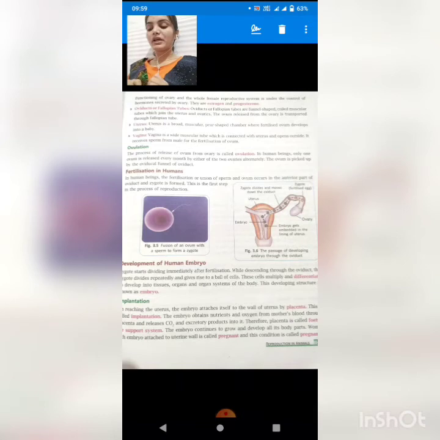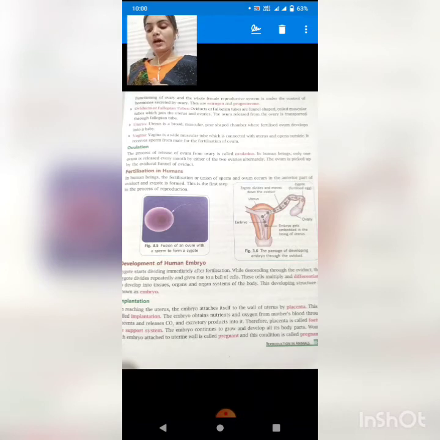The embryo obtains nutrients and oxygen. Why does this process happen? Because the placenta is that part, students, which connects the embryo directly to the female body. For example, if the female body is taking nutrition and oxygen for respiration, through the placenta the embryo will also get all these things. Therefore, the placenta is also called the fetus's life support system.